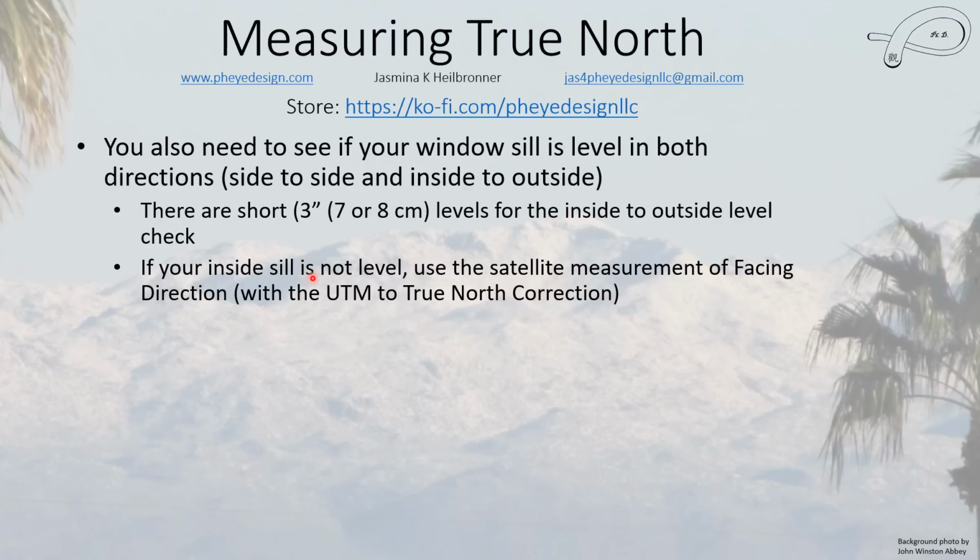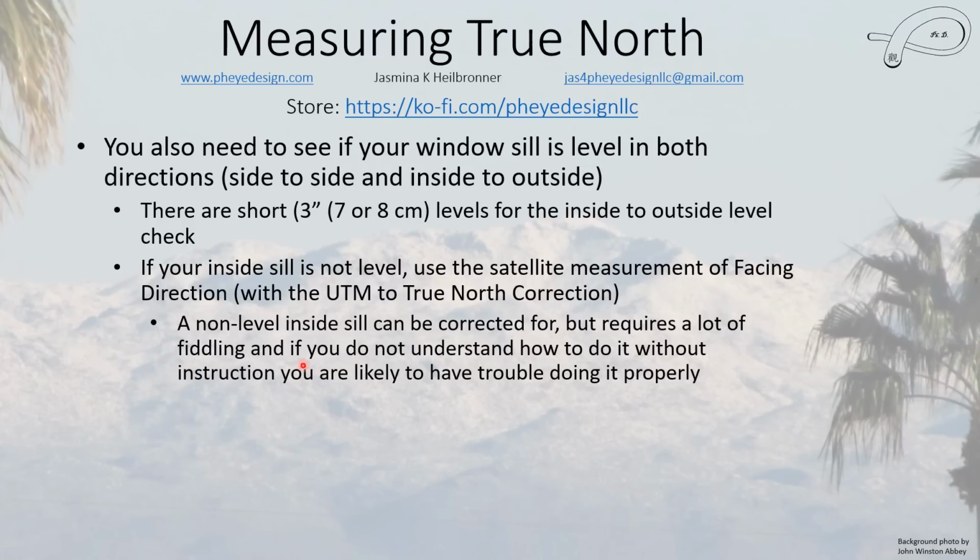Now, if the inside sill is not level, then I would recommend you just use the satellite. Again, you still have to make the UTM to true north correction, but at least you don't have to fiddle, and you don't have to create a level sill. And you need to have a level sill. If it's not level, you are not going to have a good measurement.